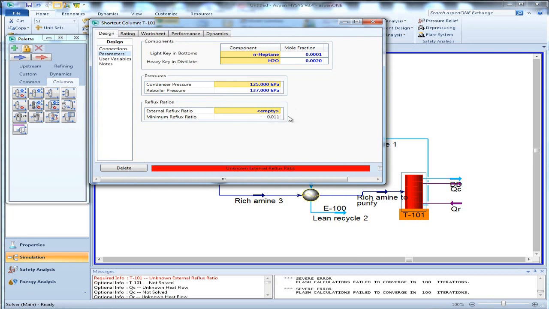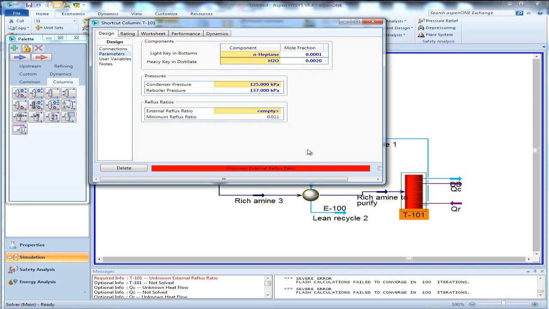Okay, now the minimum reflux ratio is computed, and you can see that not much reflux is required. Why?